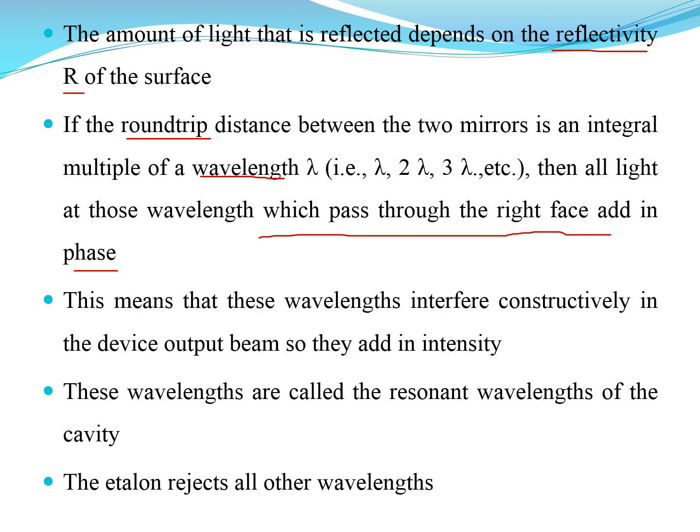This means that these wavelengths interfere constructively in the device output beam so that they add in intensity. So the intensity of light with different wavelengths gets added by using this TFF. These wavelengths are called resonant wavelengths of the cavity, and this etalon will reject all the other wavelengths.